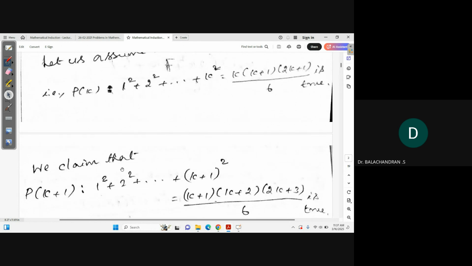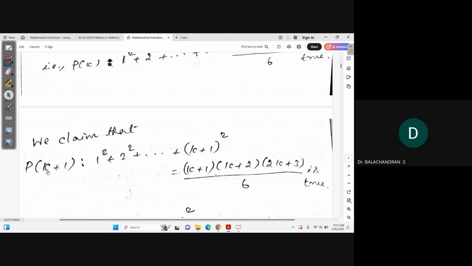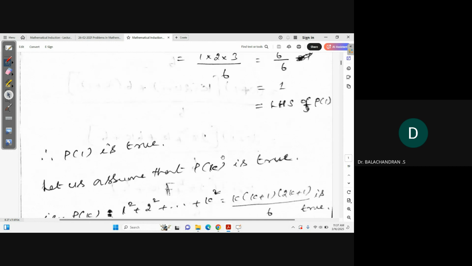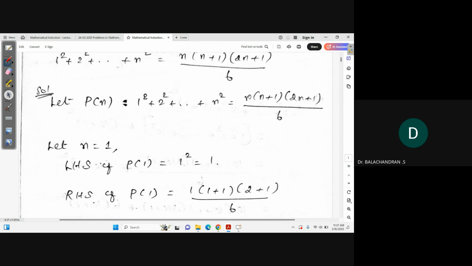Now, our claim is P of k plus 1 is also true. That is, we need to prove 1 square plus 2 square up to k plus 1 whole square is equal to, substitute n equal to k plus 1 in P of n.